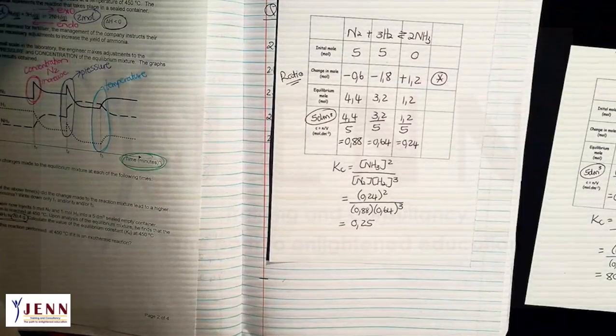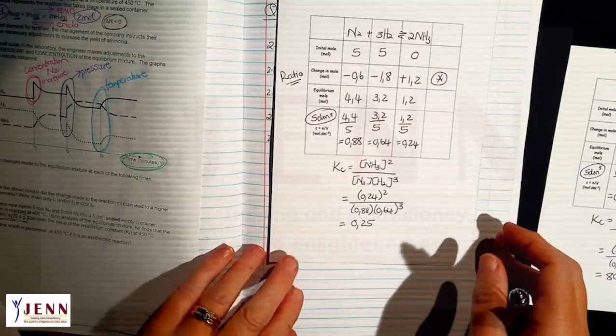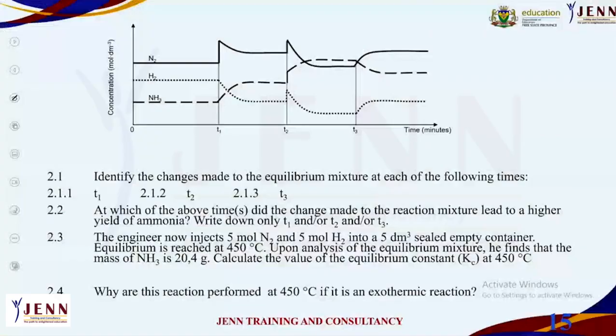Okay, boys and girls, now an interesting question at 2.4. They say, why is this reaction performed at 450 degrees if it's an exothermic reaction? Okay, what will we usually say?